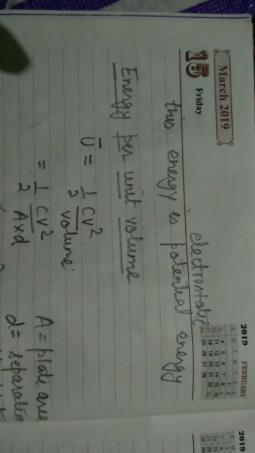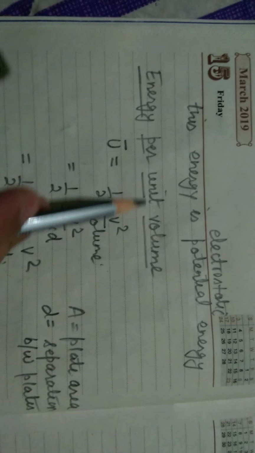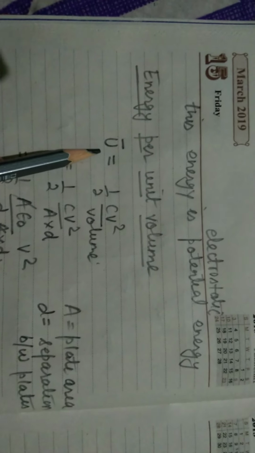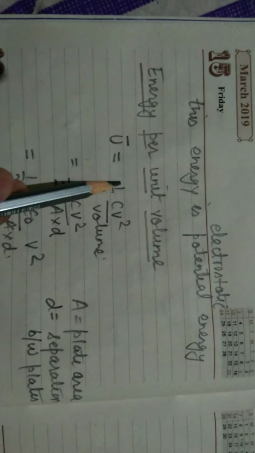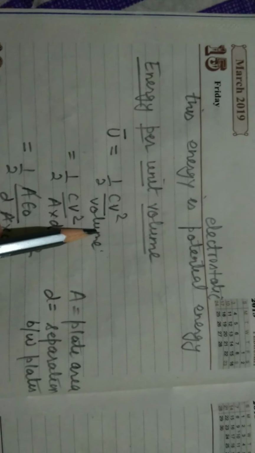Now energy per unit volume, this is also a very important expression, which we write as U bar. We know the total energy but we want to get the energy per unit volume. So that will be the total energy half CV square, and we will divide it by the volume.